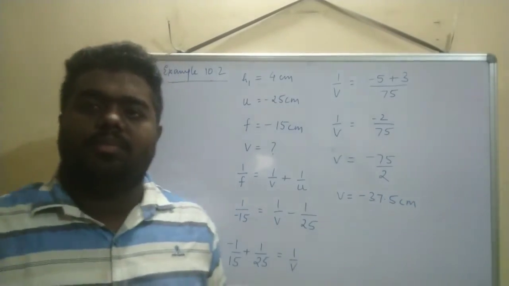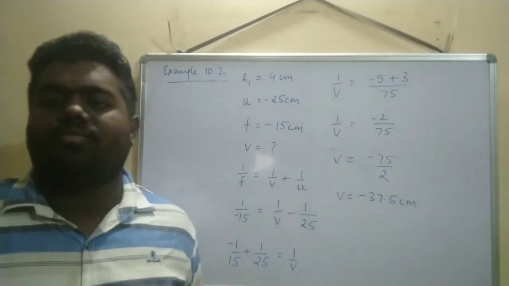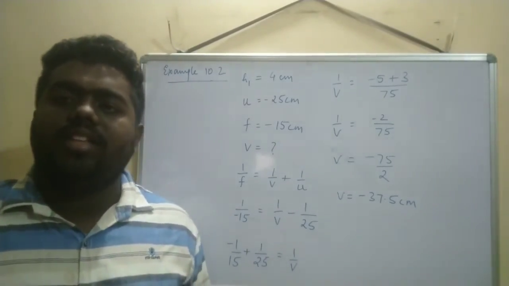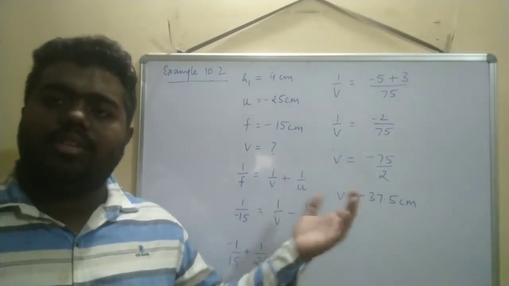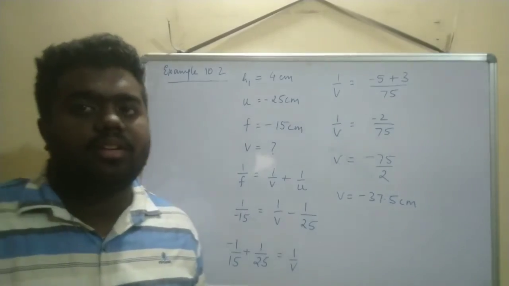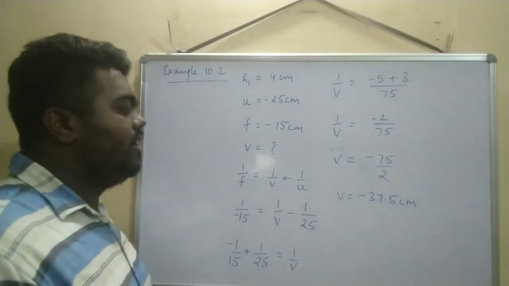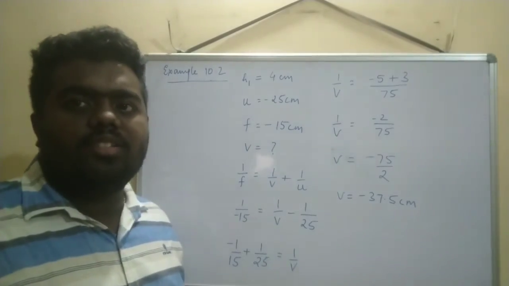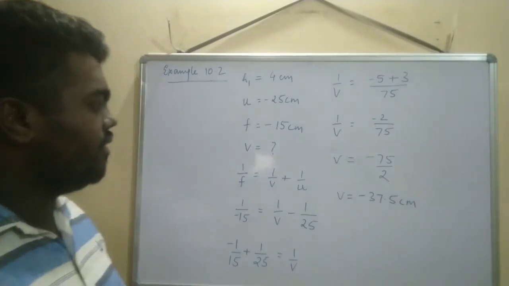Minus came, that means the image is formed on the left side. Yes, in a concave mirror, leaving only one case, in all the cases the image is formed on the left side. So it is formed on the left side at minus 37.5. Now the question says to find the size of the image also.